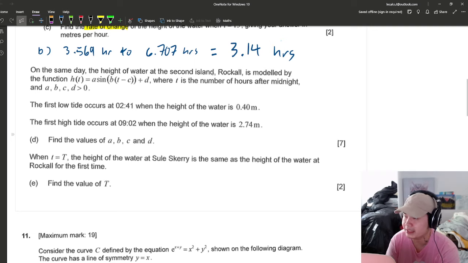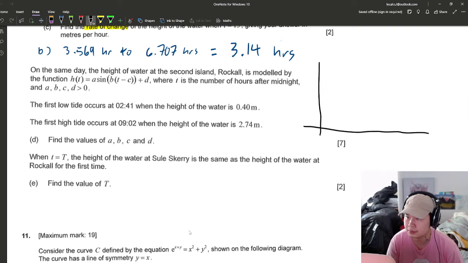And then this looks like, yeah, we have a second island which has its own equation for the height of water. And we need to find A, B, C, D. And they're going to tell you the low tide and the high tide. So you can sketch this out. It says low tide is 0.4 meters.